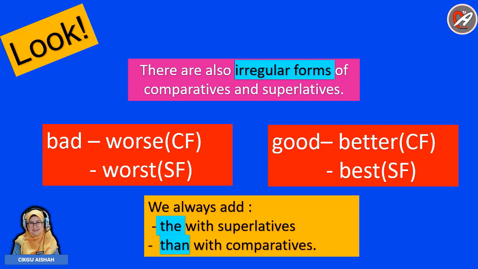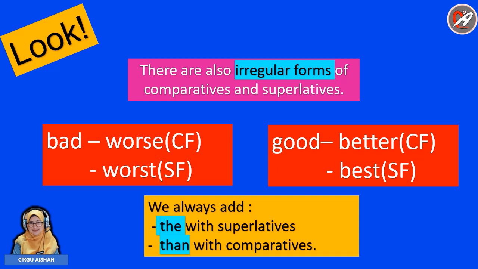Or good. Good also, we don't add ER or EST at the end of the adjective good. We change the adjective totally. So good in the comparative form becomes better, and in the superlative form it is best.